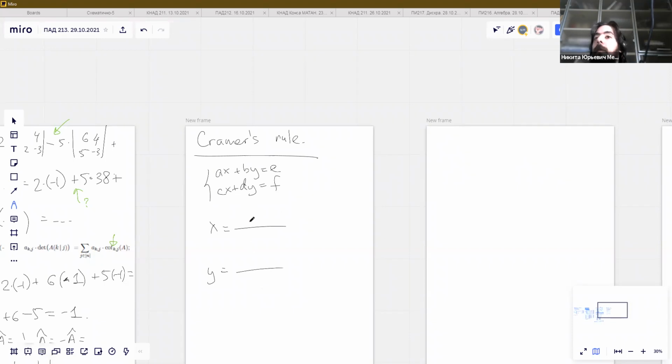We could write them like AD minus BC, but now that we know determinants, the formulas look like this. I'm going to write the general formulas in several moments, but still, for the 2x2 case, the formulas are like this, and they look similar for larger cases.